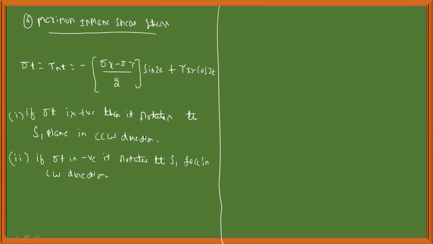Okay. Next, in order to find the planes of maximum shear stress, I will not use the formula directly. I will not use the formula you derived in the last class, tan 2 theta s is equal to minus (sigma x minus sigma y) by 2 tau xy.